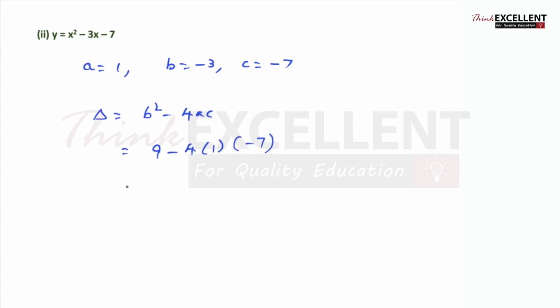Next one, in the correct form only. A value 1, B value minus 3, C value minus 7. So you find delta, B square minus 4AC. B square, minus 3 square, 9, minus 4 into A value 1, C value minus 7. So 9 minus into minus is what? Plus. 7 fours are 28. So we are getting 37.